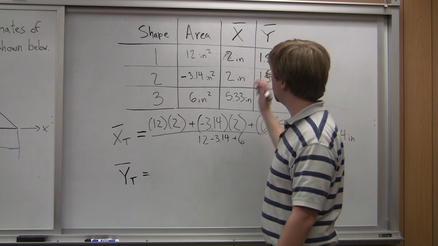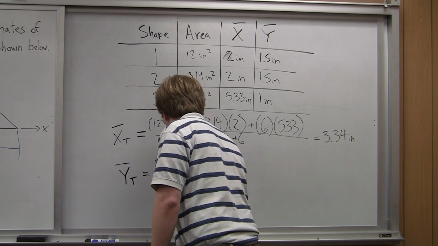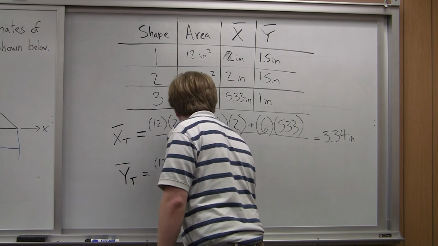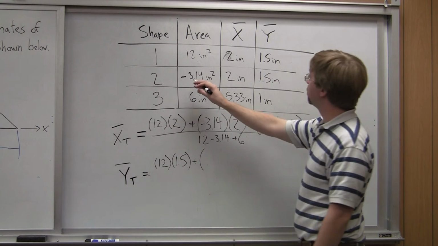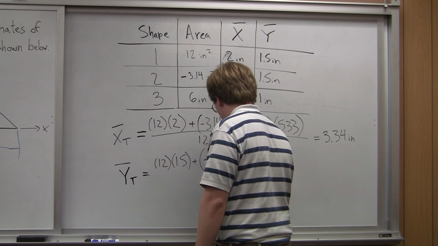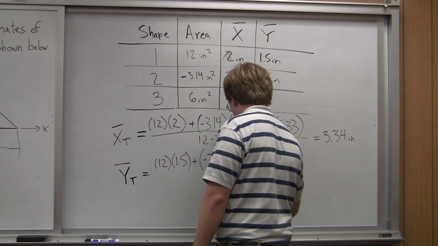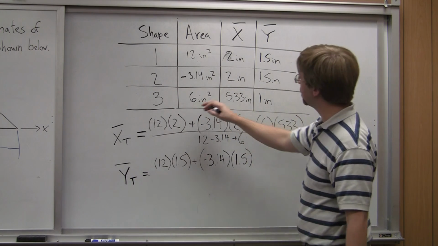So 12 times 1.5 plus negative 3.14 times 1.5 plus 6 times 1.